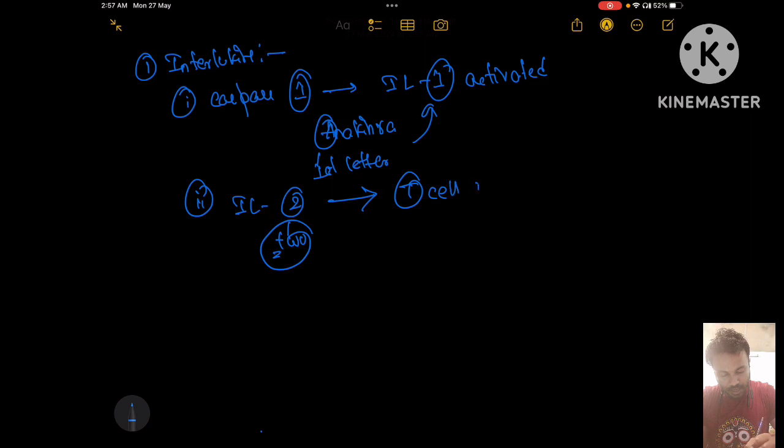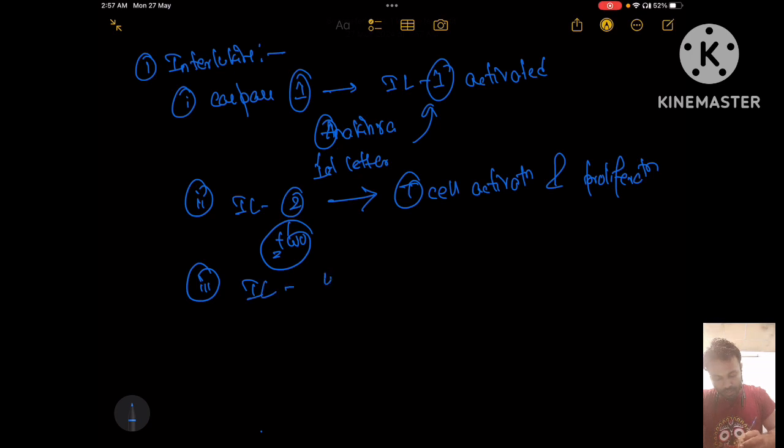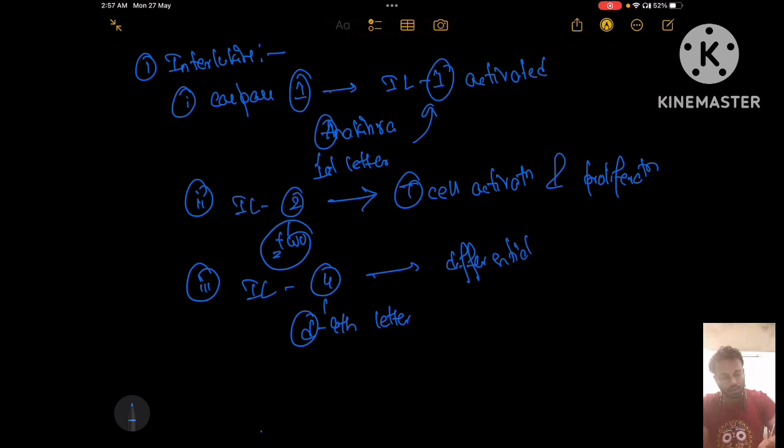T cell activation and proliferation. Interleukin 4, D, fourth letter. So, differentiation of immunoglobulin.